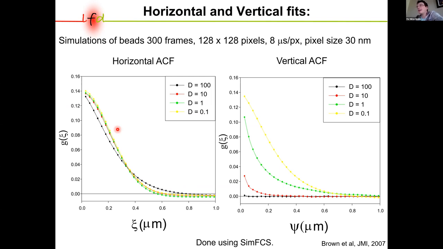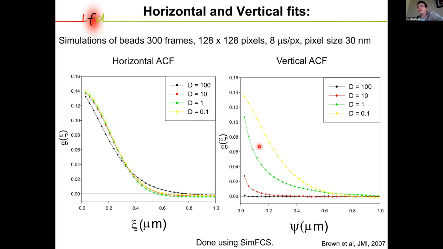If you look at the line-to-line correlation, you see for the very fast diffusion, for 100 micrometers square per second, the black dots, you almost get no line-to-line correlation. But then it increases and you have a stronger difference for the slower diffusion. So the line-to-line correlation is more sensitive for the slow processes.